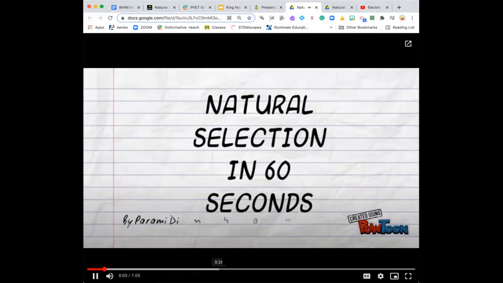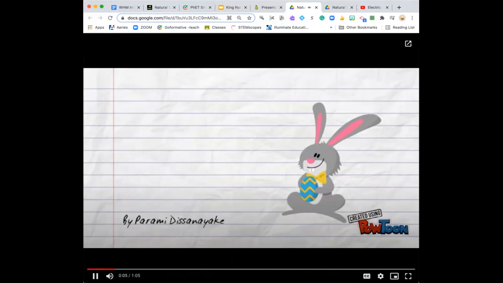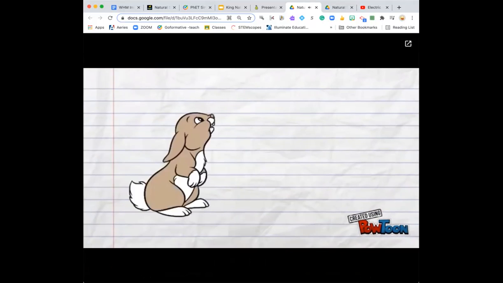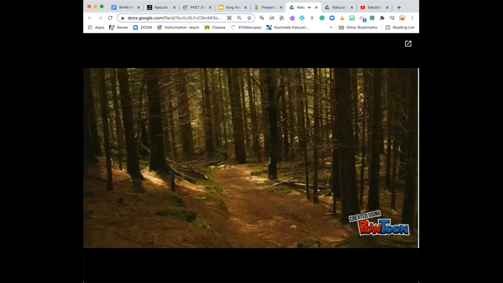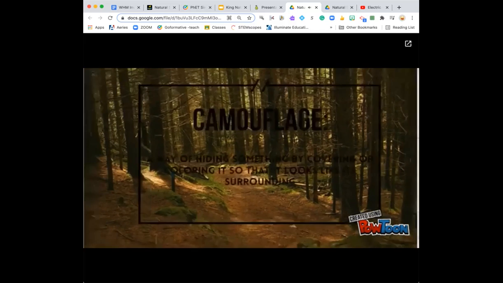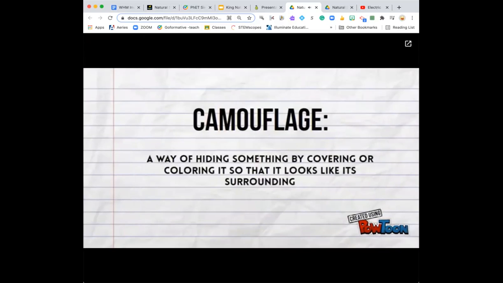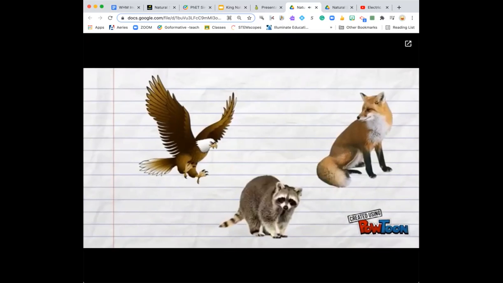60 seconds. I like bunnies. You like bunnies too, right? Who doesn't like bunnies? Well, today we're talking bunnies and natural selection. Let's start by pretending we have two types of bunnies, brown and gray, and they live in a forest like this. As cute as the gray one is, its fur makes it hard for it to camouflage with its surroundings as well as the brown one can, meaning it's probably more likely to be eaten by predators such as these.